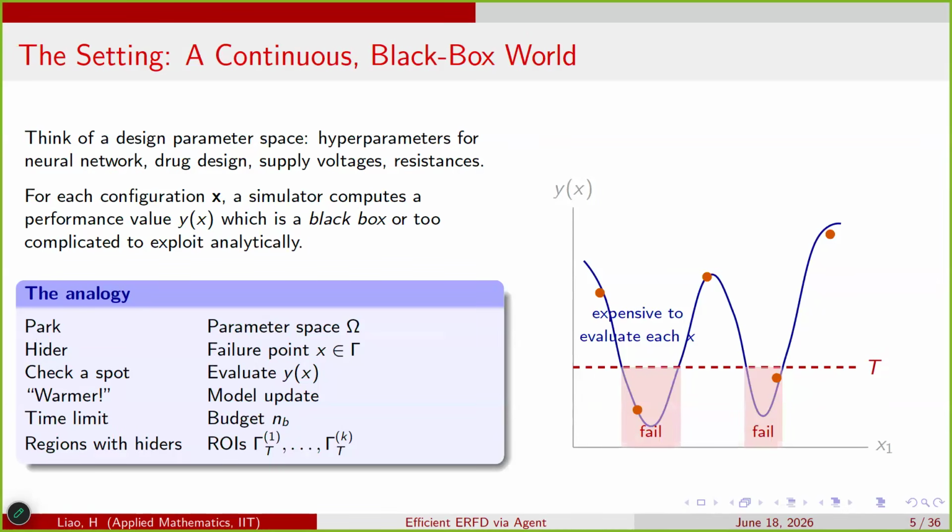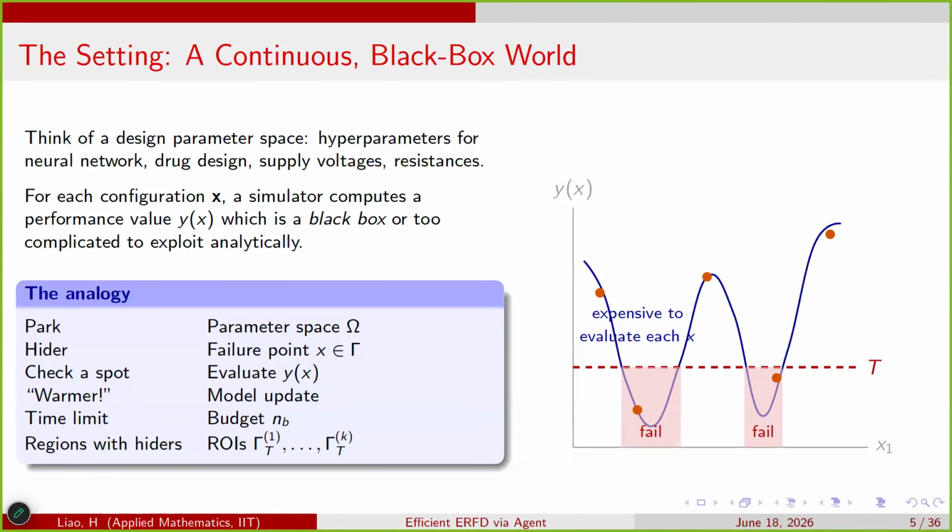So the setting here: we are going to consider a design parameter space, like the hyperparameters for a neural network when we are doing hyperparameter tuning, or some kind of drug design where we're trying to figure out the proportion relationship between different components.